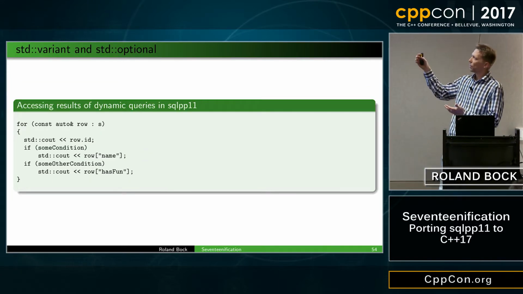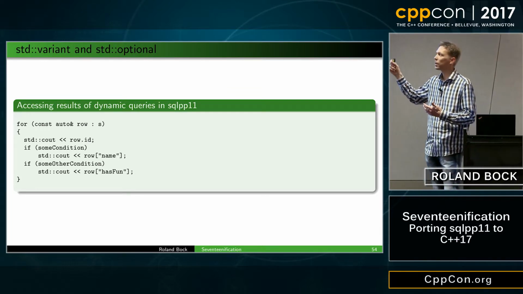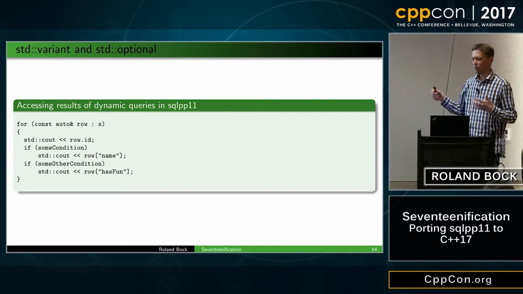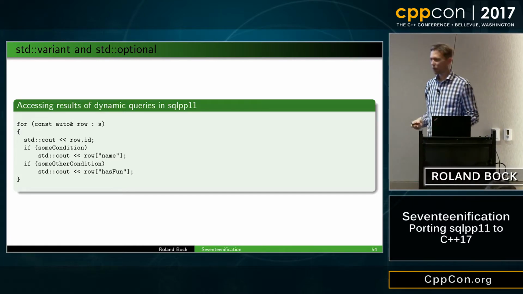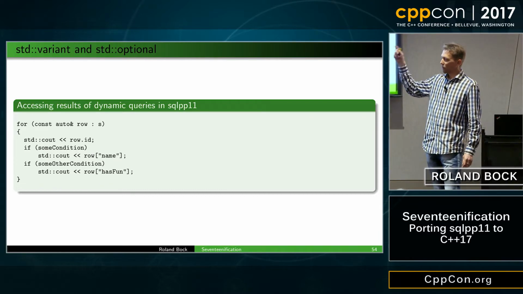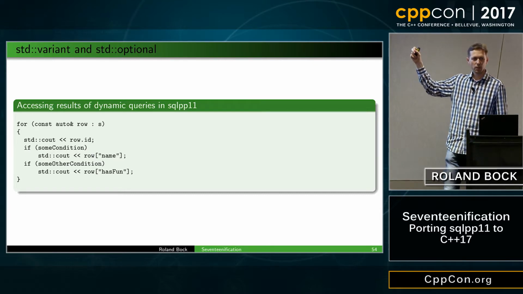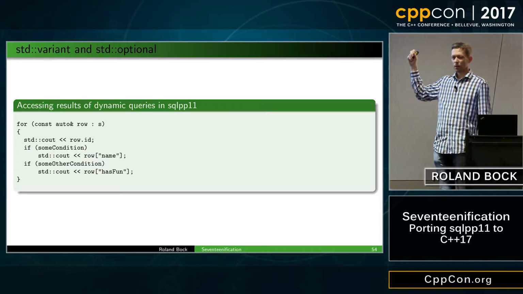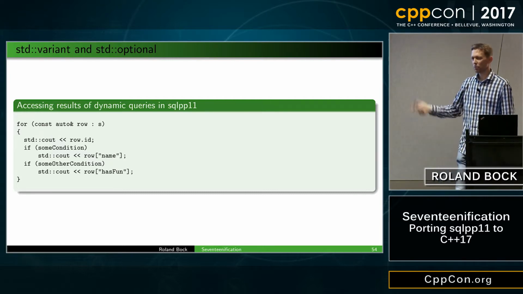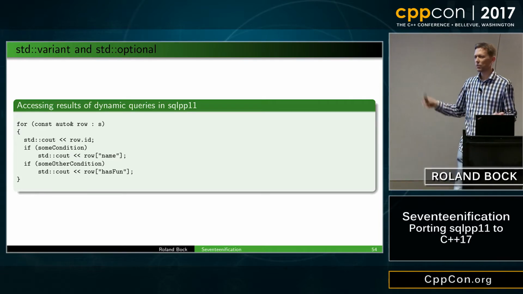Then I thought about variant, what to do with it. And I thought variant could improve the situation quite a bit, because instead of returning strings all the time, I could return a variant. And there are not too many types that this library would return normally. There's bool, and there are some integral types. There's a text type. There's a blob, date time.